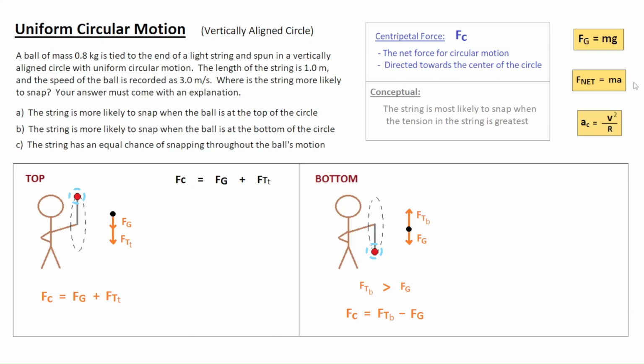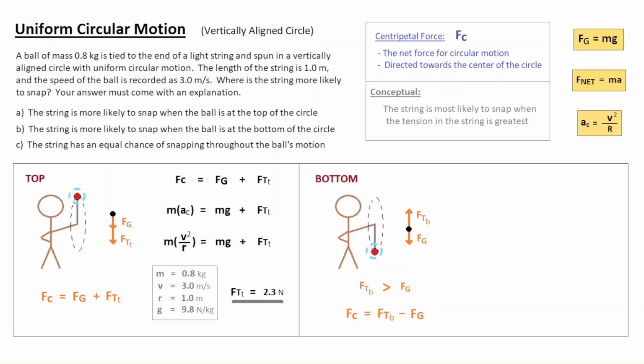It's about turning, and I'm going to have to sub in v squared over r for the a variable. Now establishing the given information in this problem, I have everything I need to solve for the tension force, and I get a value of 2.3 newtons when I do that algebra.